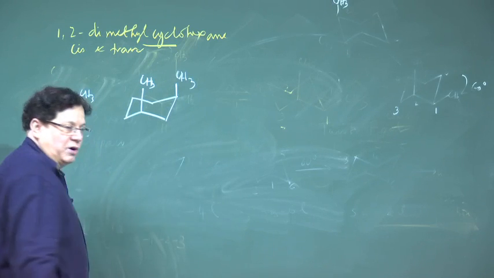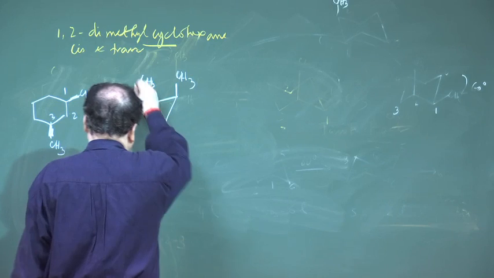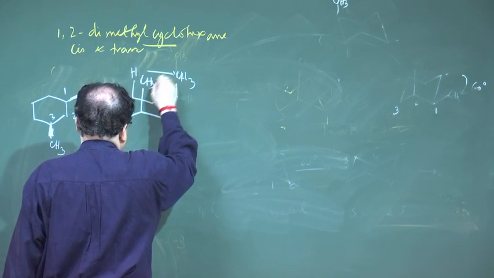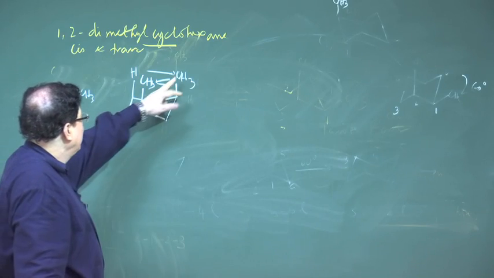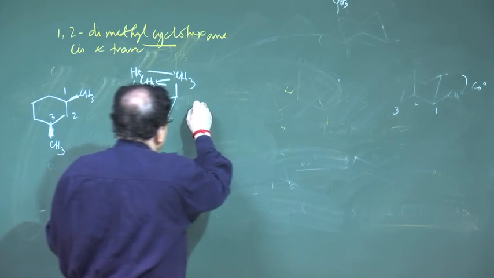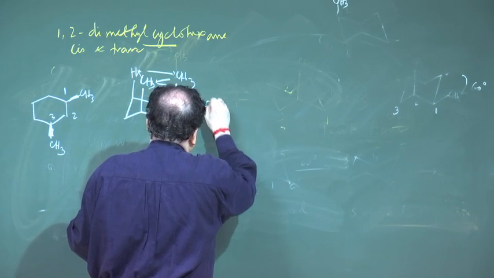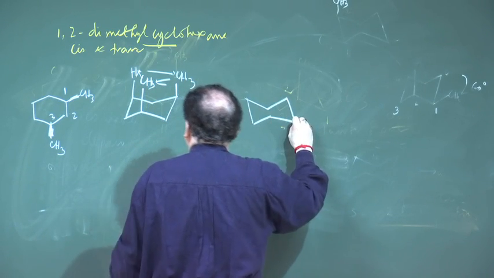So, this is one conformation, but it looks very unstable, because both the methyls are in the axial position. So, you have a lot of interactions between the methyl, which is huge, and then methyl hydrogen and this methyl hydrogen. So, this will be really unstable, and the flip form is quite stable.